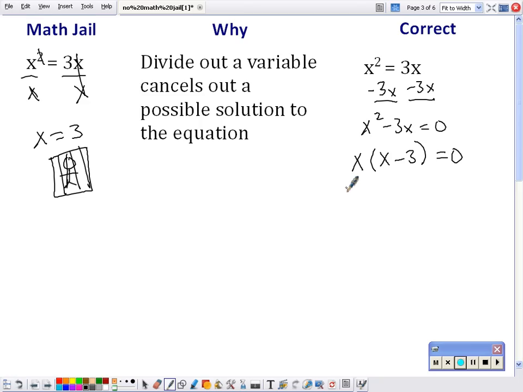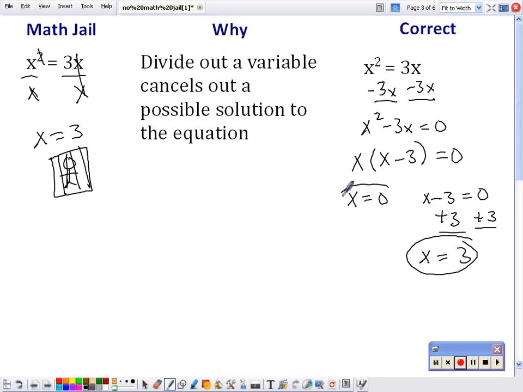Then we're going to apply the zero product property. I have two quantities multiplying together that equal 0. One of them must be 0. So x equals 3 or x equals 0. You can see that we lost that possible solution of x equals 0 when we divided by x.